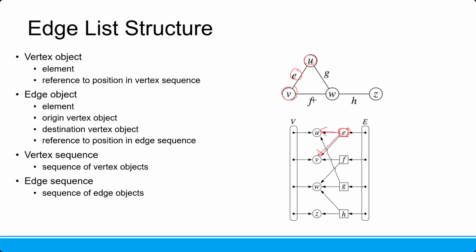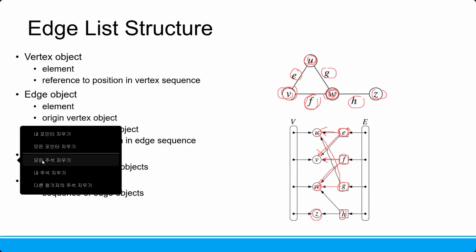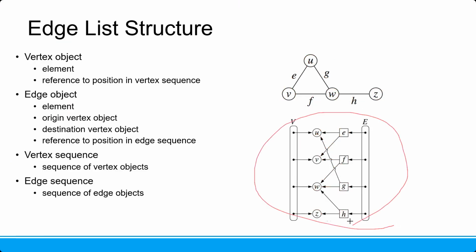What about f? f is an edge between v and w. What about g? g is an edge between u and w. And h is an edge between w and z. So we can create this kind of edge list structure.